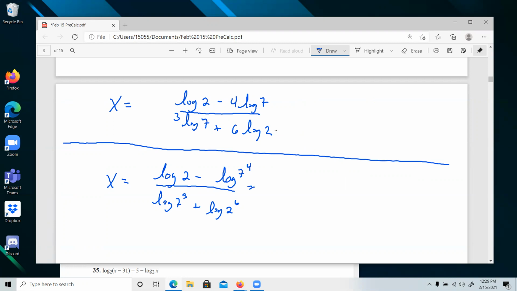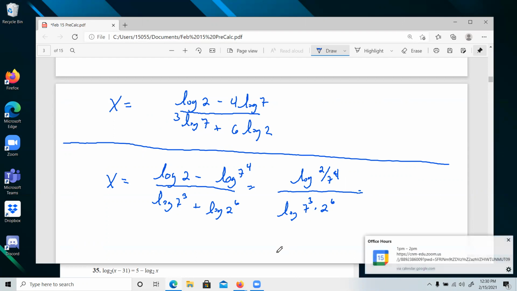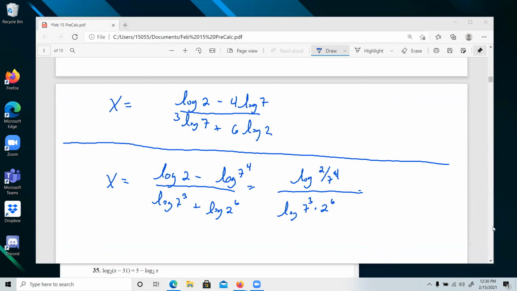So remember, we could take these logs. I can say this is log of 2 over 7 to the 4th, divided by log of 7 cubed times 2 to the 6th. Then we're going to figure out what 7 cubed is and what 2 to the 6th is. 2 to the 6th is 64.